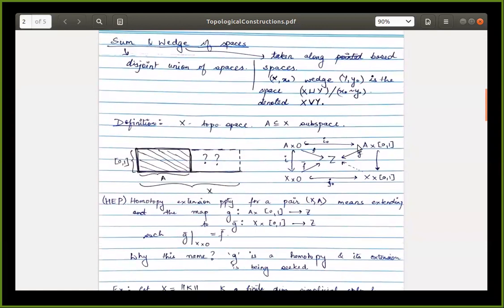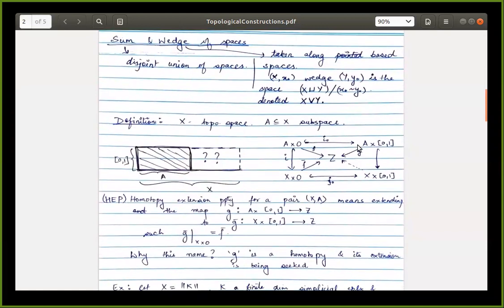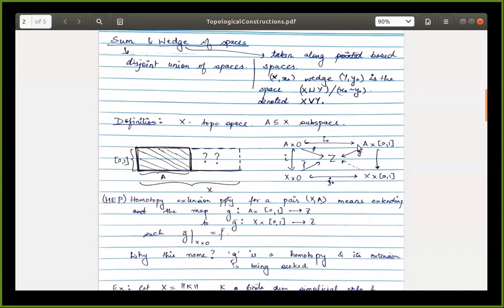Okay. Now we come to a very important definition in topology, and that is the homotopy extension property. Everyone knows what a homotopy is, okay? And now we are asking for the homotopy extension property. So far we have always seen things like extending a map, extending a homeomorphism, etc. Now we are trying to extend a homotopy itself.